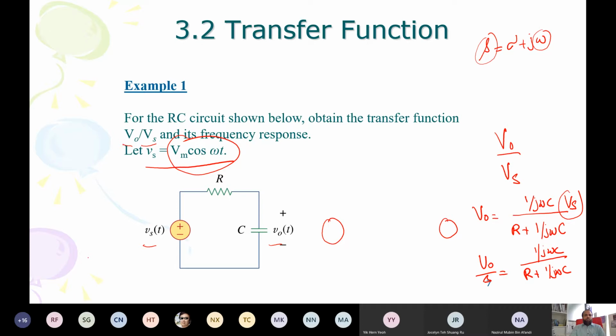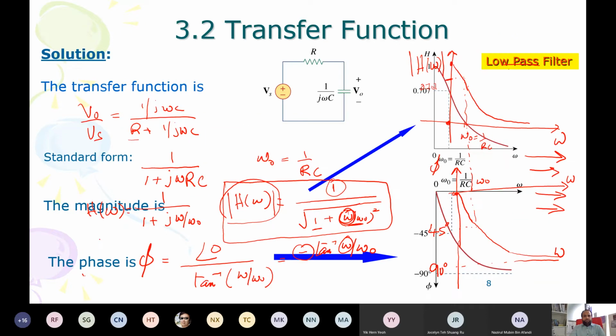Relating them just uses basic circuit laws, and with those laws you eliminate the unwanted variables and relate output and input, in this case VO over VS. We had this messy slide just to show how to find it, and it's nothing but basic circuit law. This time it uses VDR, then relates VO over VS, and finds the magnitude and the angle.